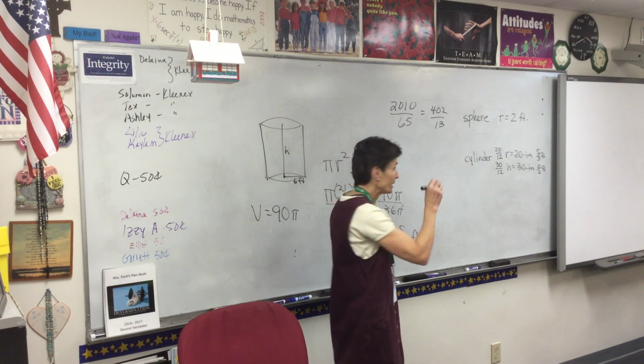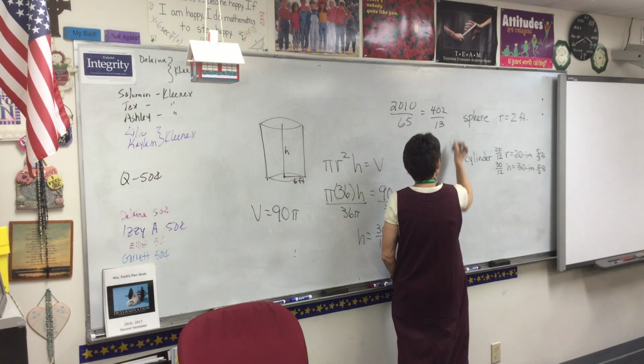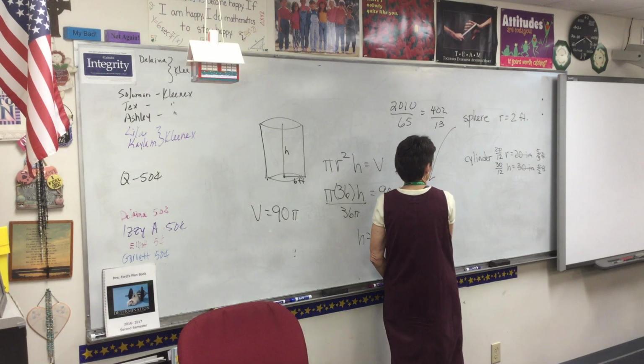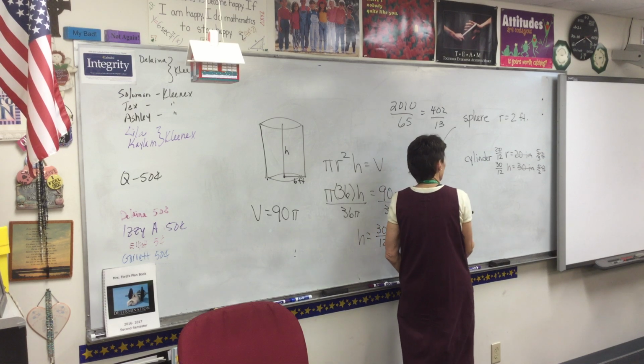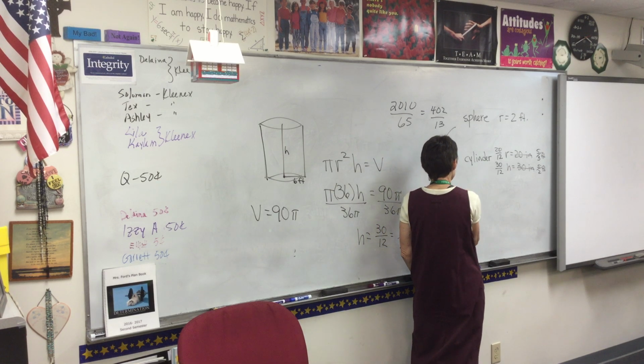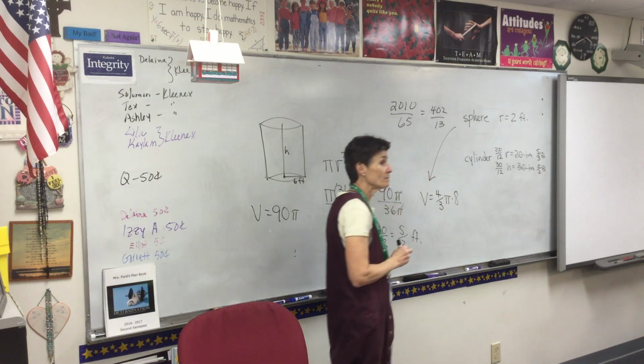Okay, so here we go. Let's do the sphere. What's the volume of the sphere? The formula is 4/3 pi r cubed, with 2 cubed, which is 8.